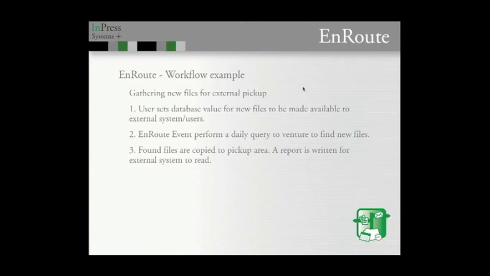The files we find are copied to a certain area for the pickup, and we also write a report, an XML-based file that the other system connecting to the server will read and then get those files. And as we're doing this, we also write back to the database, so we avoid getting the files in the next search. So those are two real-life examples of how people can use OnRoute.